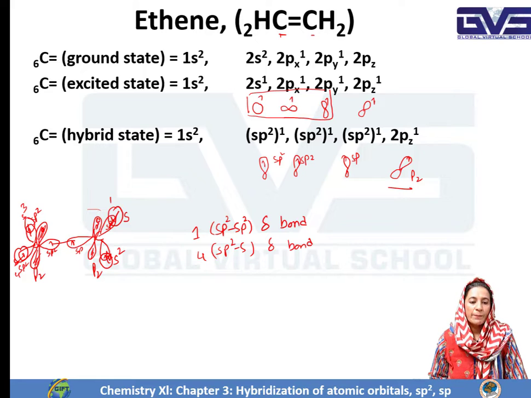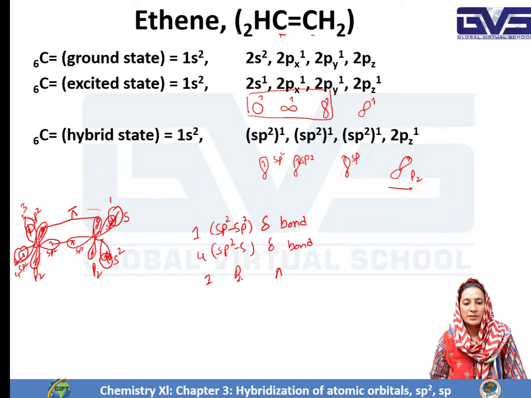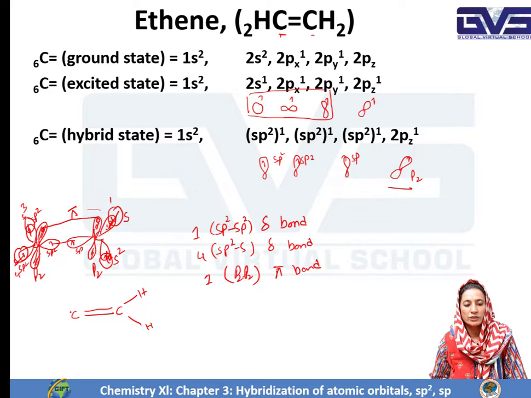As these are parallel to each other, they overlap parallelly and form a pi bond. So there is one pi bond between Pz and Pz. This carbon and this carbon have one sigma bond and one pi bond, one with hydrogen and one with the other hydrogen, and this carbon also with this hydrogen and this hydrogen.